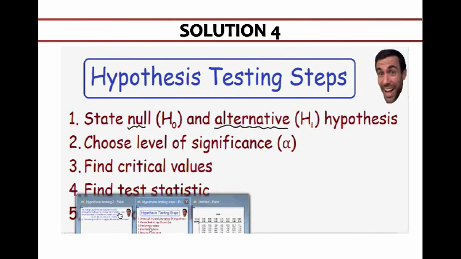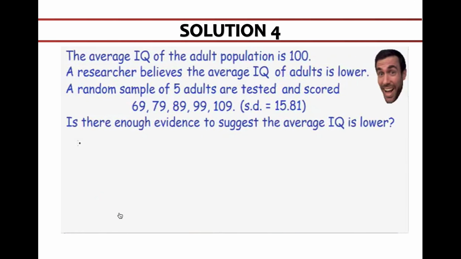So let's go back to our example, and let's start with our null hypothesis, H naught. Now, the null hypothesis is what is currently believed to be true, or what is currently accepted. In this example, it says the average IQ of the adult population is 100.